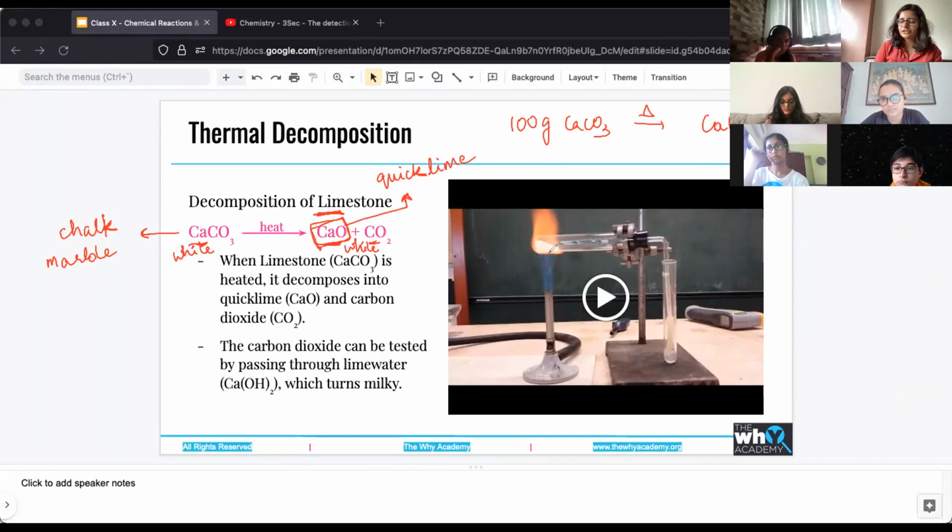Will it stay in the test tube, in the bowl itself, or what will happen to the gas? It will leave the test tube. It leaves. It's a gas, it's going to fly out into the atmosphere, right? So this has escaped. So when I measure whatever calcium oxide I have remaining in the test tube, what will its mass be? Will it increase, will it decrease, or will it remain the same?